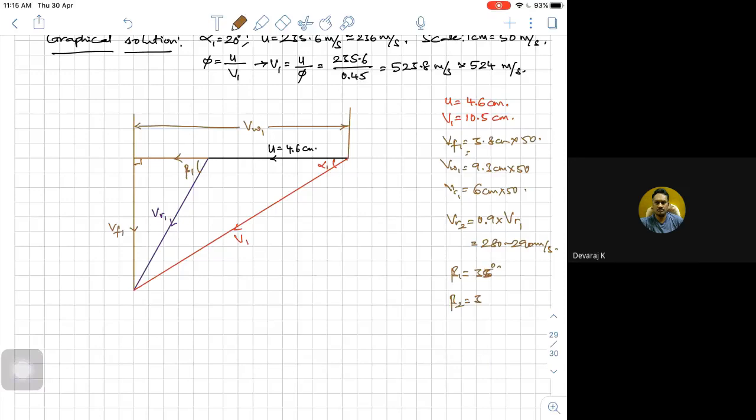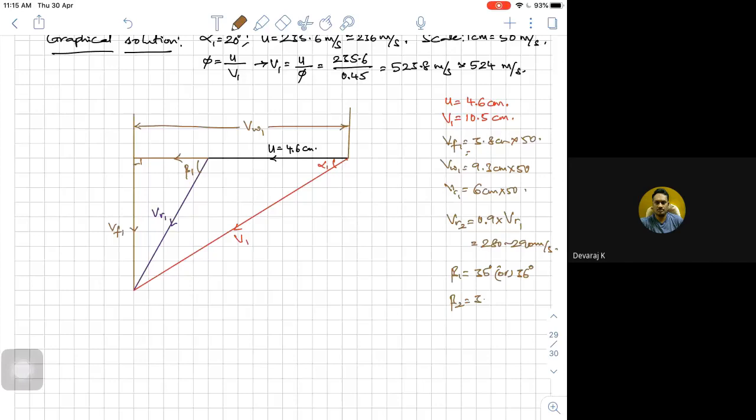You have to measure it; 1 degree here and there is fine. So 35 minus 3 degrees, you may get 32 or 33 degrees for beta 2.